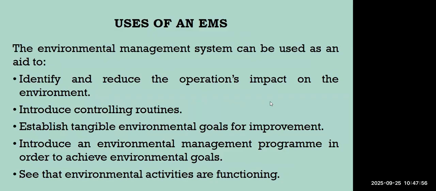How do you think that can be done? Risk assessment. Okay, yeah, great. Anyone else? How can they identify and reduce the company's or the operation's impact on the environment?